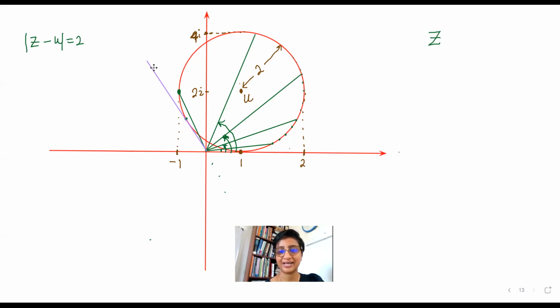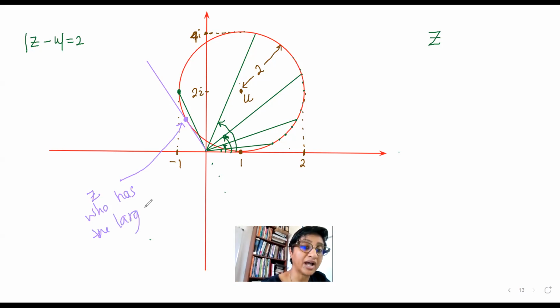So the point is this point. This is the Z who has the largest argument. And they're asking what that argument is. What is this angle? How much is that?